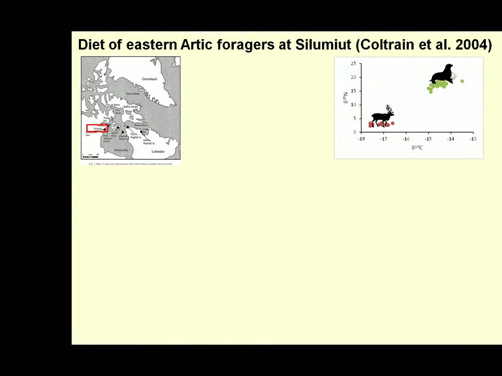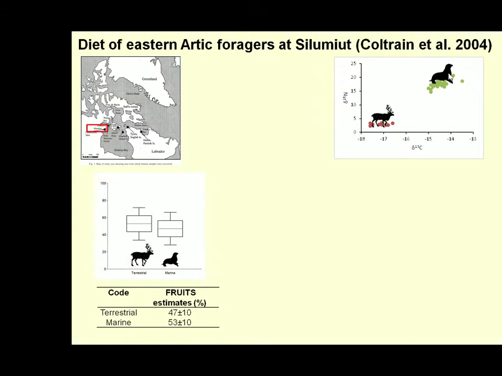Now, these are the estimates generated by fruits, but we can improve the precision of these estimates by using information coming from the analysis of the faunal remains. This analysis established that terrestrial mammals were far more consumed than marine mammals. And so we can provide this information to the model, and the fruits-generated estimates become more precise.